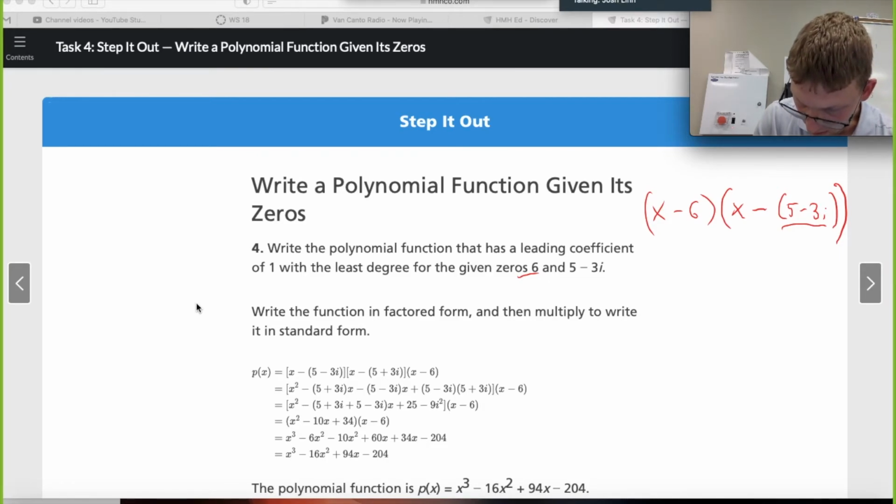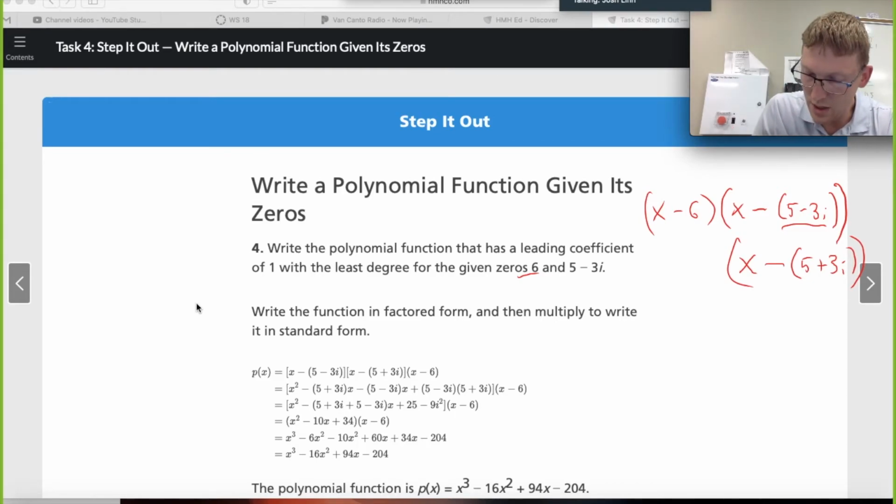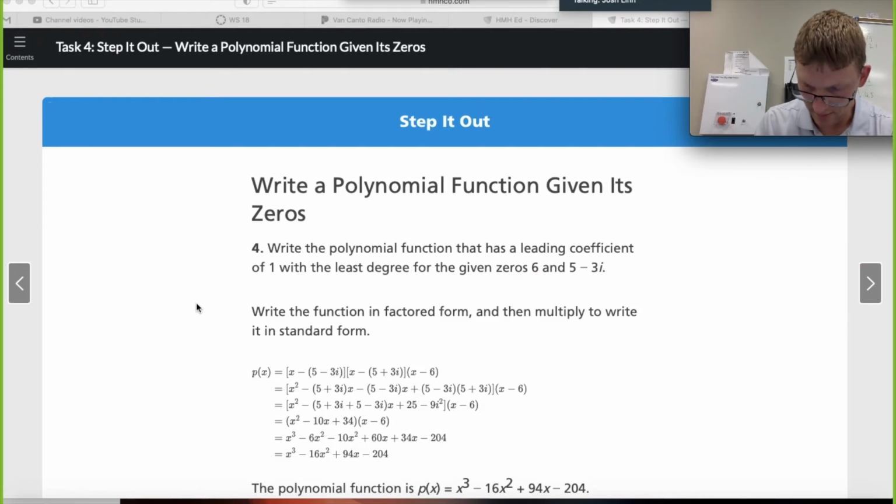But they want us to do x minus 5 plus 3i, like that. So that's our conjugate. So this is how you do our conjugate for imaginary numbers. Okay? So then from there, we just do math, as I like to call it.